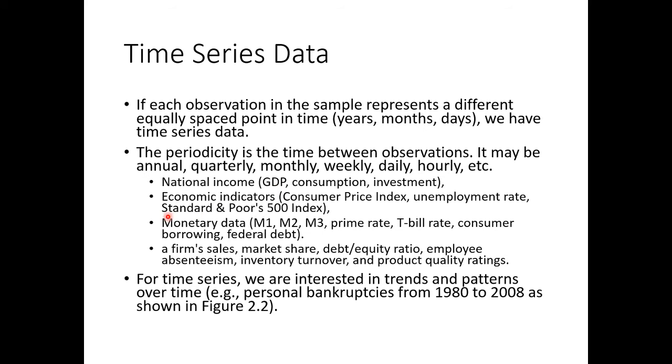Economic indicators such as consumer price index, unemployment rate, and S&P 500 index price are also given by time and value. So the S&P 500 of today, the S&P 500 index yesterday, the S&P 500 index at 10 a.m., the S&P 500 index at 10:30 a.m., something like that. This kind of data is always given by time and value together. In this case, we say that it is time series data.